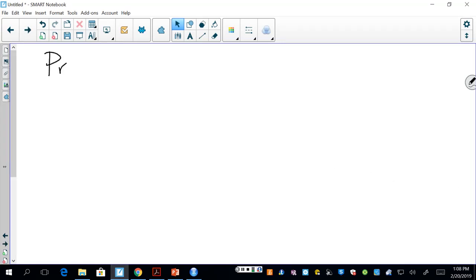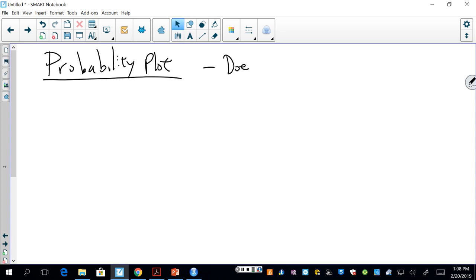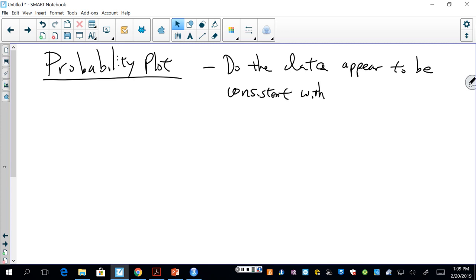So, a probability plot is used to see: do the data appear to be consistent with the normal shape?